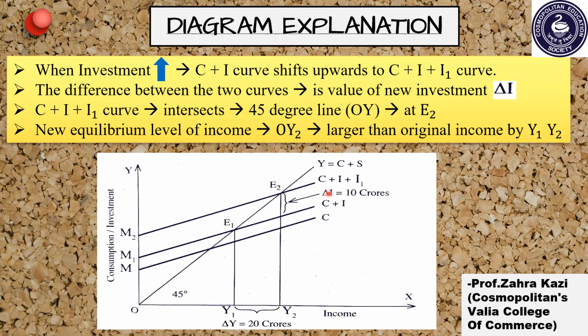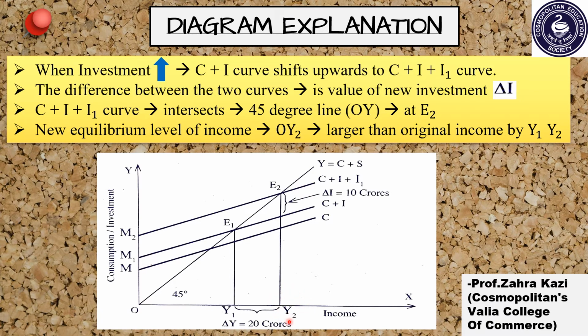Now this new curve, that is the C plus I1 curve, intersects the 45-degree line at point E2. So point E2 is the new equilibrium point, and as per this new equilibrium point, the new equilibrium level of income is OY2.